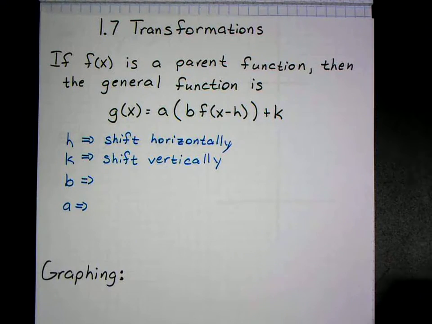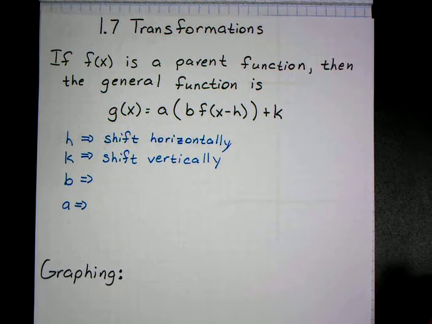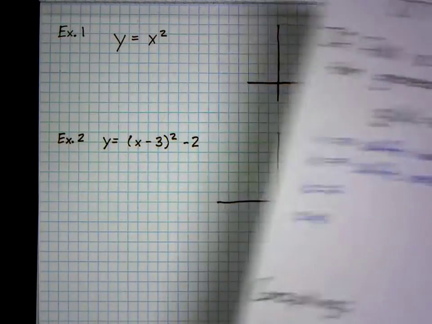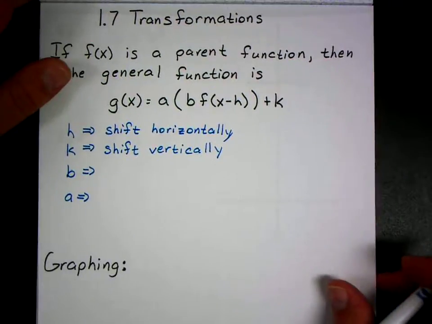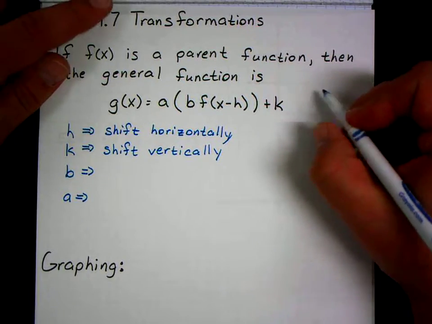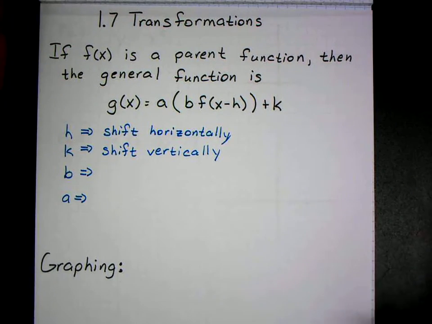Okay, B, in Algebra 2, if your teacher mentions it, it's kind of glazed over quickly. So let's skip down to A real quick, and then we'll talk about B. What does A do? If I put a number in front of the x value, let's say I have something like 5x squared, or negative x squared.